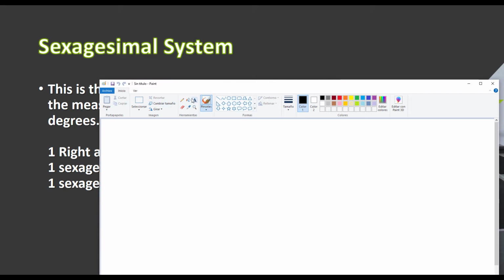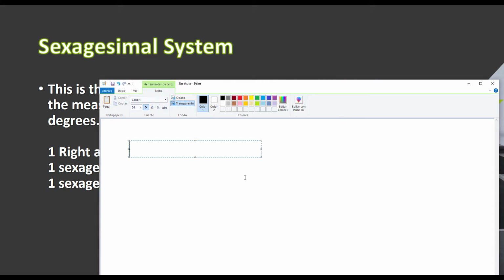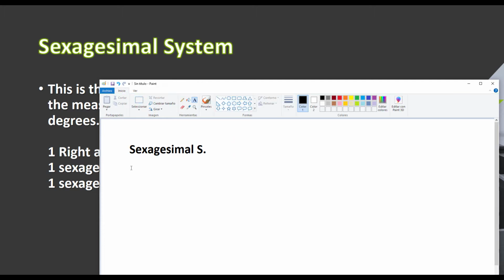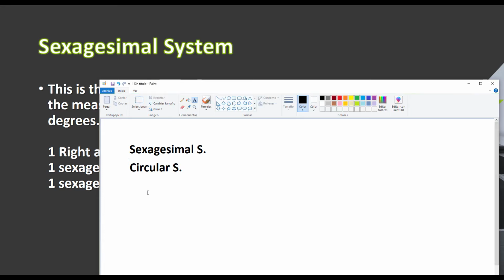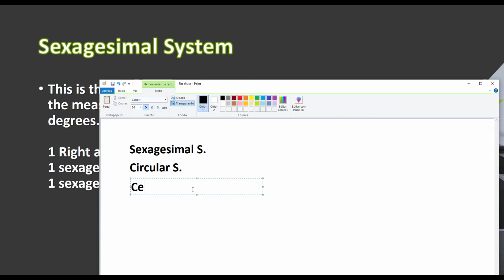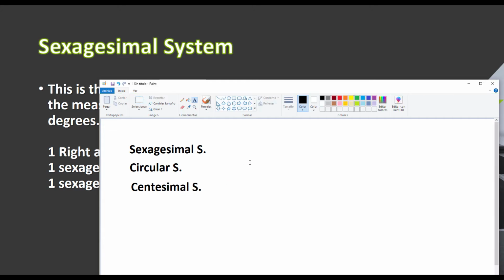I will describe the first one, the sexagesimal system, the circular system and the centesimal system.